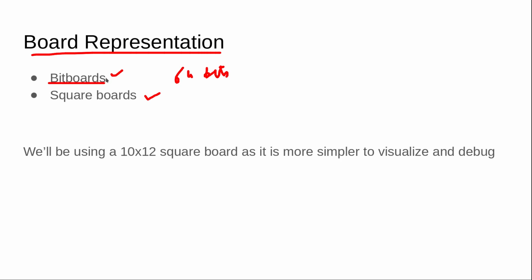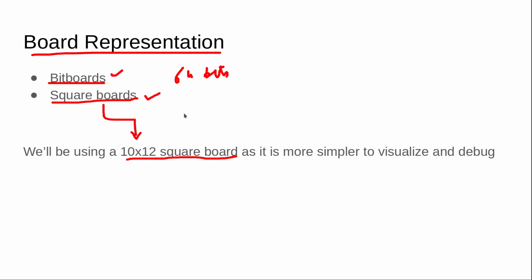So our discussion in this video will focus only on square boards. In square boards we will be using a 10 into 12 square board, because this is the safest one out there.